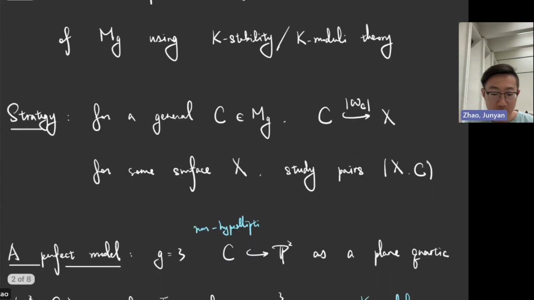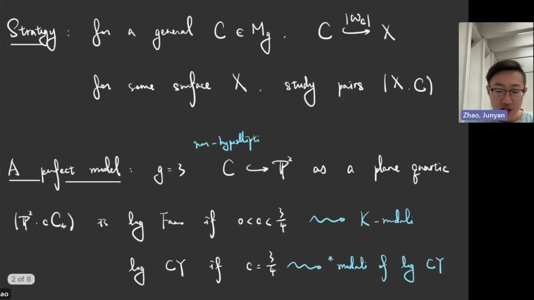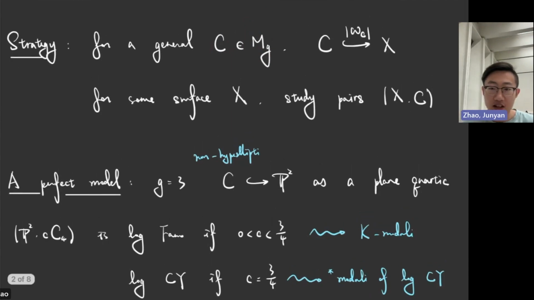So this is our rough strategy. You fix a genus and you consider the moduli of smooth curves of genus g. You pick a general one and you consider the canonical embedding. A priori, the canonical embedding will embed this curve into some projective space.